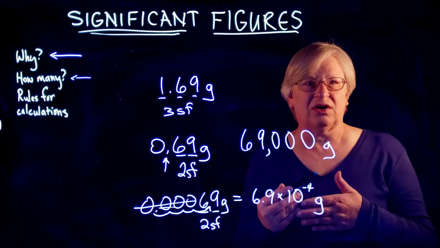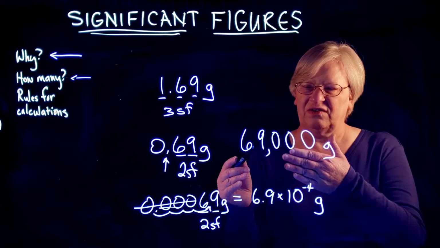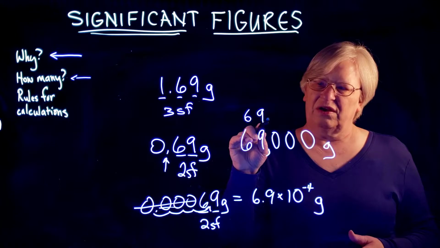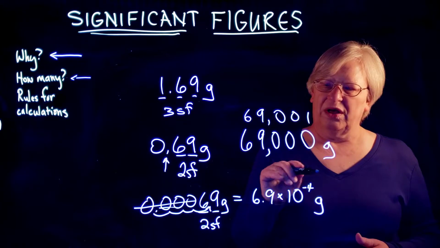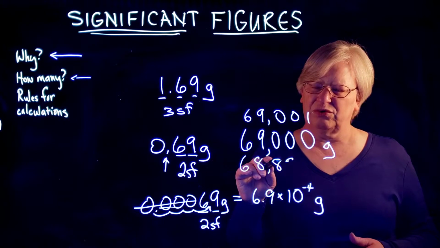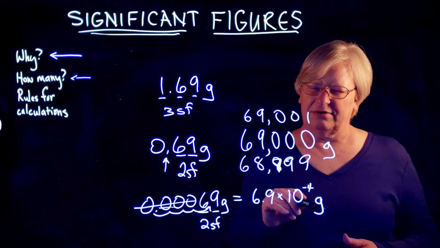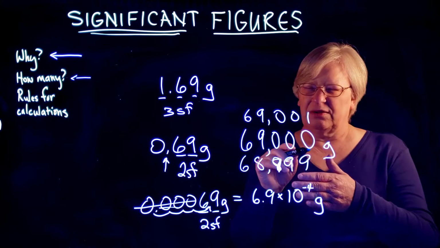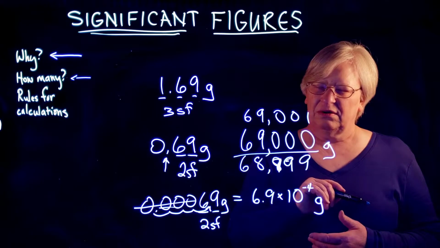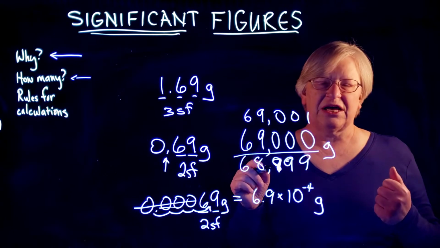Is it an estimate, or is it exactly that number of grams, closer to 69,000 than it is to 69,001 or to 68,999? Is this what we want, or did we really just mean to the closest thousand?